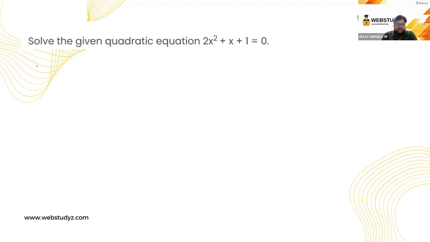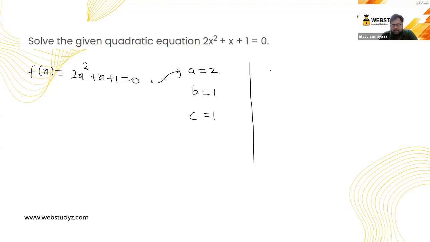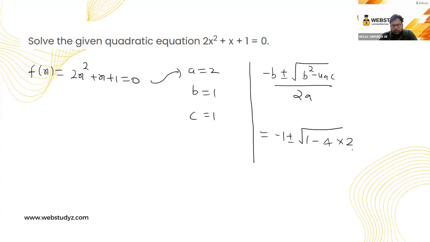Okay. The next question is they have given f(x) equal to 2x squared plus x plus 1 equal to 0. Here a is 2, b is 1, c is 1. So minus b plus minus square root of b square minus 4ac upon 2a, minus 1 plus minus square root of 1 minus 4 into 2 by 2 into 2.